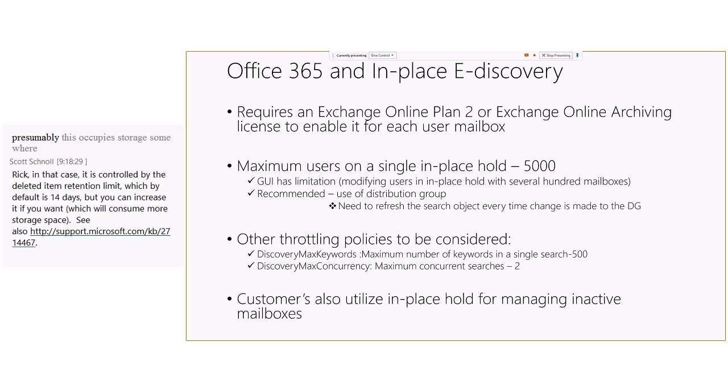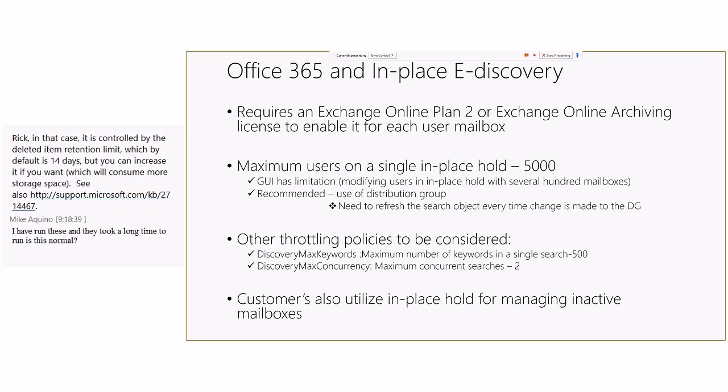So what we usually recommend is to split your user base into distribution groups, right? That's primarily used for placing them on in-place hold. You can split it up how you want it to be, but a few hundred mailboxes in a DG would be the most recommended. That way it's easier for you to add or remove somebody from the in-place hold, and to know how you're going to go about doing it.